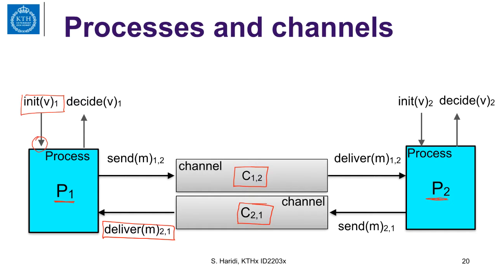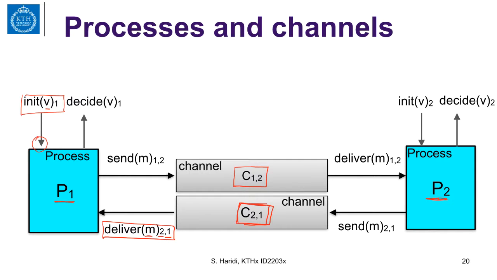In this case, the environment wants to give process P1 an initial value V. And here we have an input action from a channel. This is the channel C21, which is an input action that is the delivery of a message M from process P2 to process P1. These are input actions.